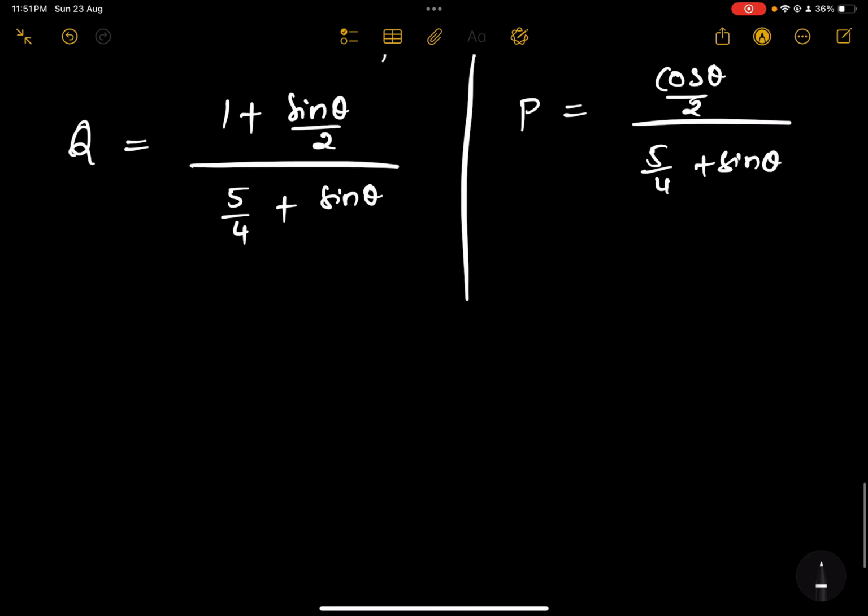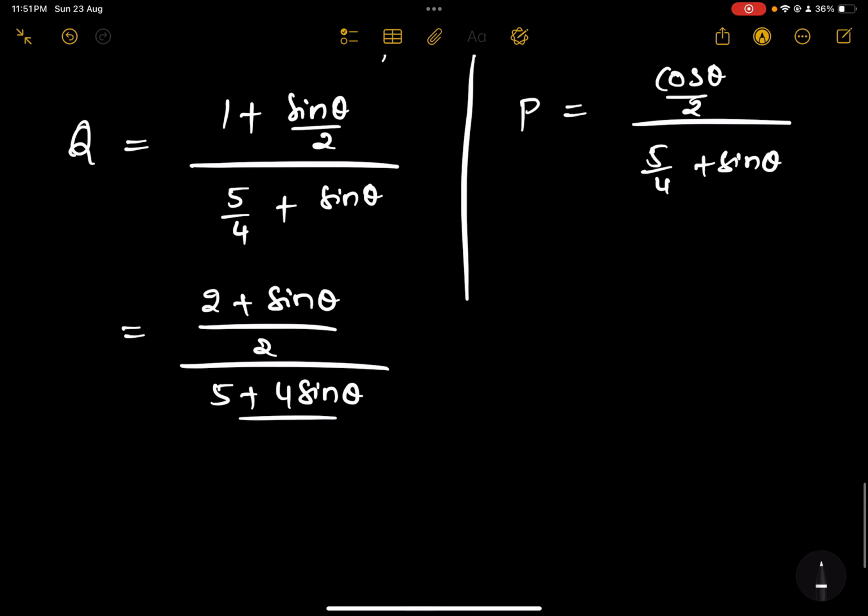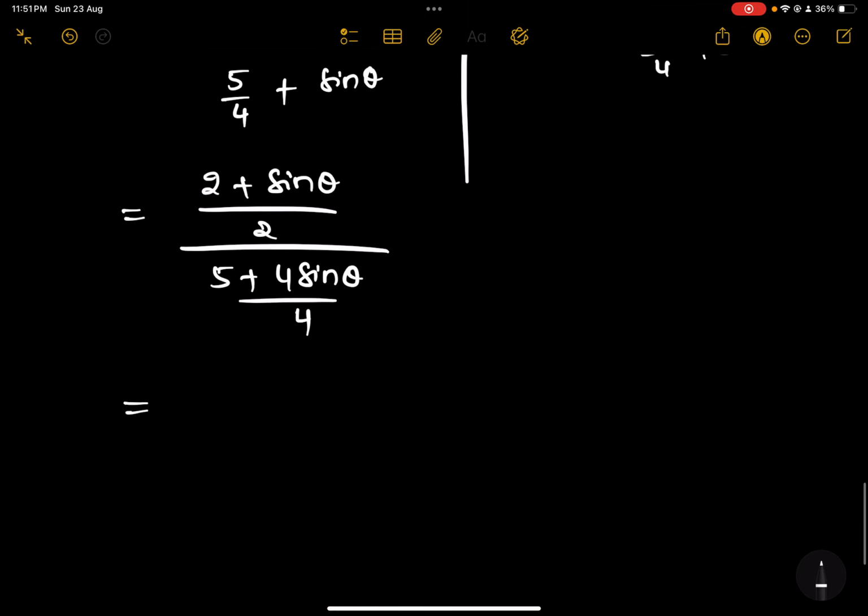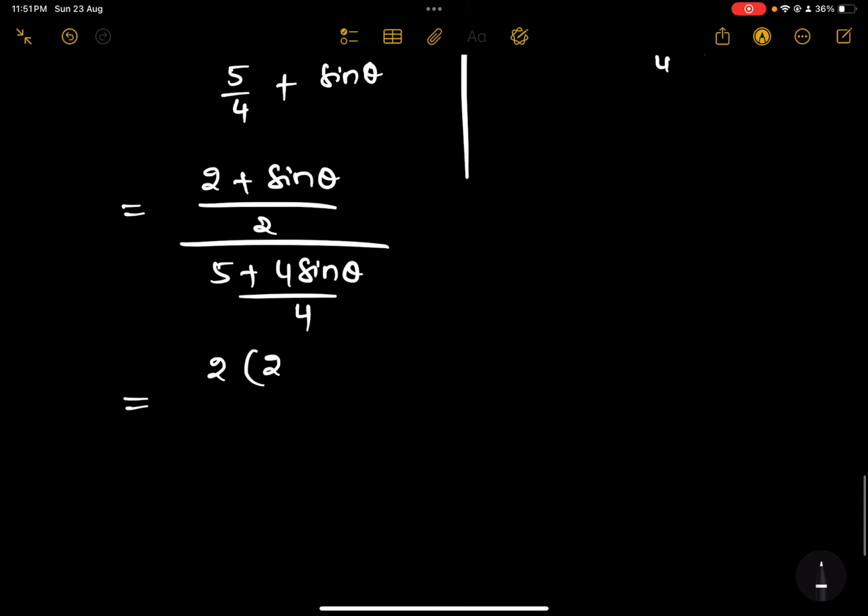Alright, let us simplify these. So 2 plus sin theta by 2, by 5 plus 4 sin theta upon 4. So that will give you 2 times of 2 plus sin theta upon 5 plus 4 sin theta.